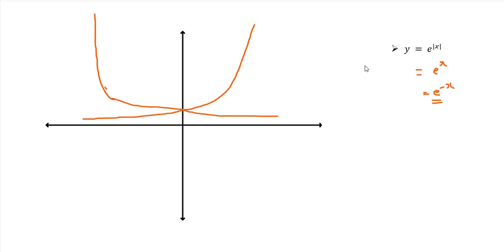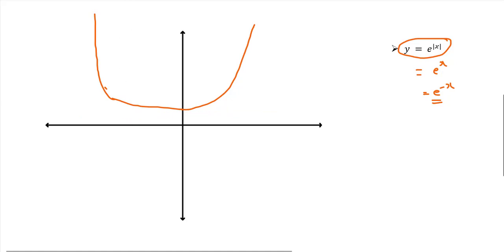Now we'll have to take the common portion. So we'll delete the portion which is below. So we will delete this portion and this portion. So your graph for y equal to e raised to mod x will look like this. And the coordinate of this point will be (0, 1).